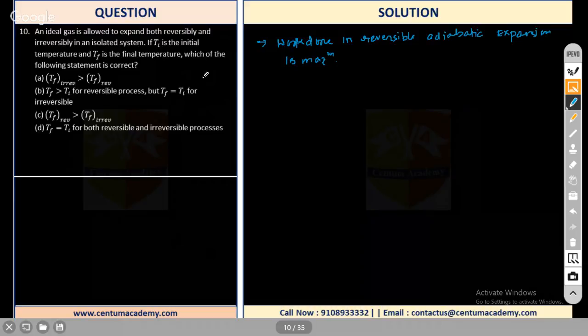Maximum means in comparison to irreversible, in reversible we have more value. So when it is maximum, the energy of the system will be more utilized in the reversible process, and hence the temperature will be less. So option A is correct.